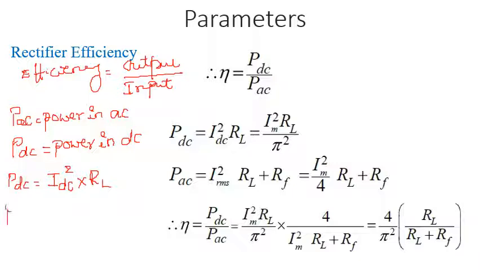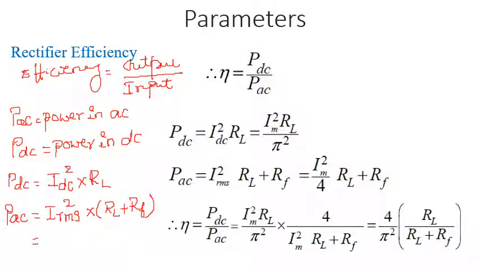And similarly PAC is the input power that is applied through the secondary of the transformer, that is the AC current. So it is IRMS square into the resistances which come into the picture: one load resistance, plus it passes through a single diode also. So it is RL plus RF.